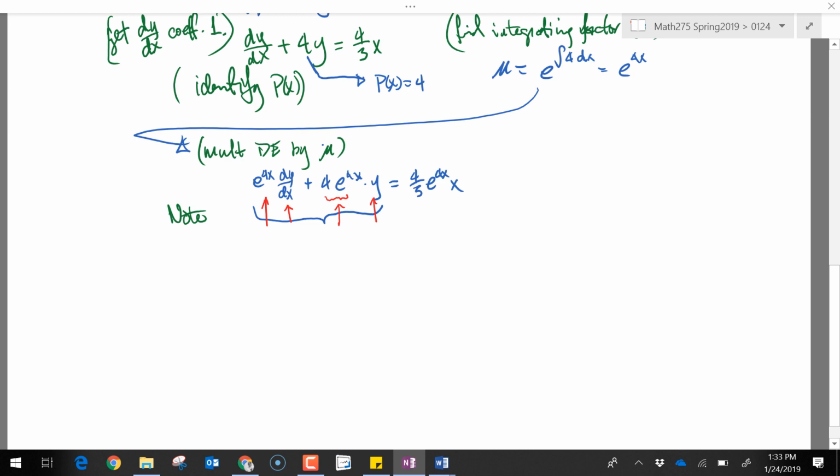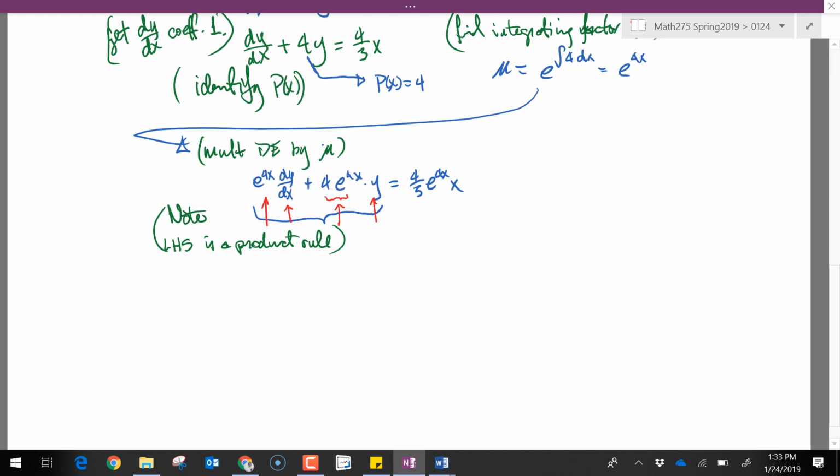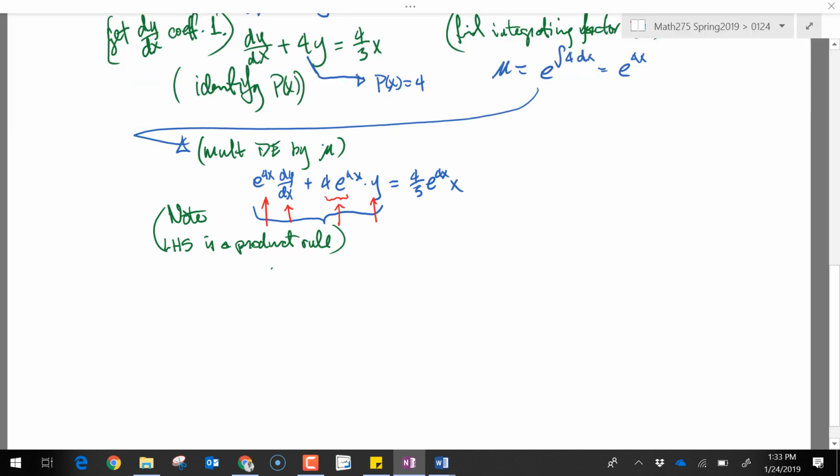Note the left-hand side, LHS, is a product rule, which means we can rewrite the left-hand side as d/dx of what are the two terms? e to the 4x and y, right?